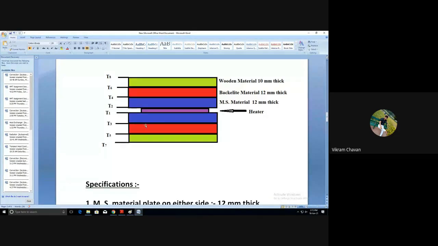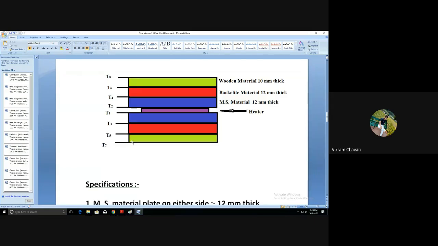In a similar fashion, the T5 thermocouple is placed centrally after this bakelite plate, and the T6 thermocouple is placed in the upward direction centrally after the bakelite plate. So T5 and T6 have the same configuration, or the same thermal resistance; they are placed equidistant from the central heater.